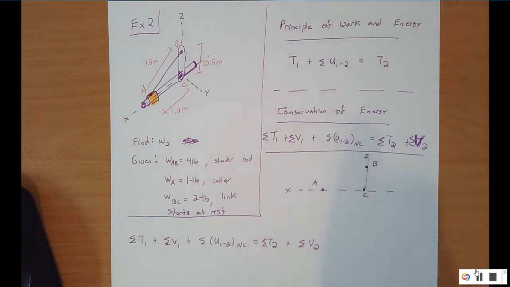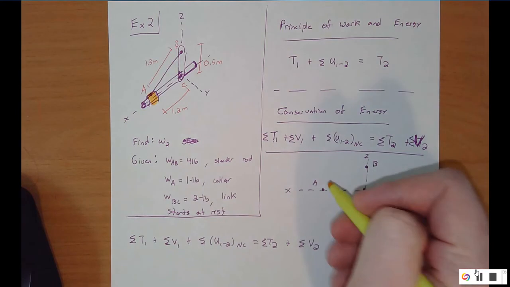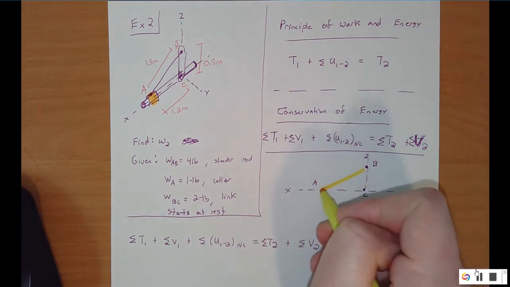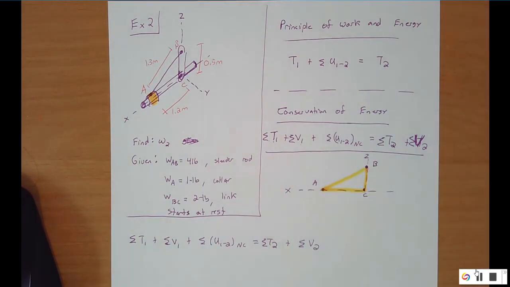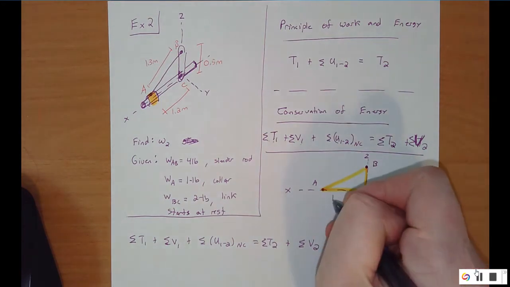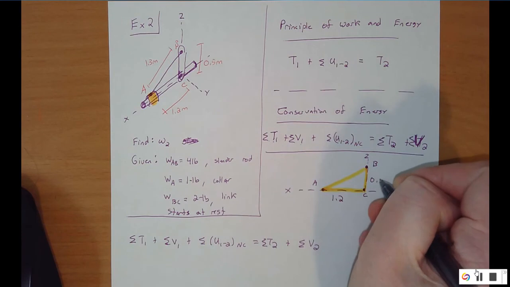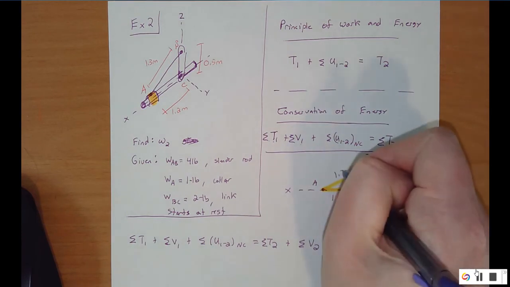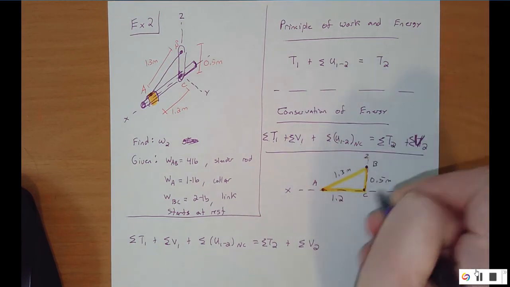It will look like the origin. We can connect all of those, just build our triangle here. We can note that we have 1.2, 0.5, and 1.3 meters for each of these.